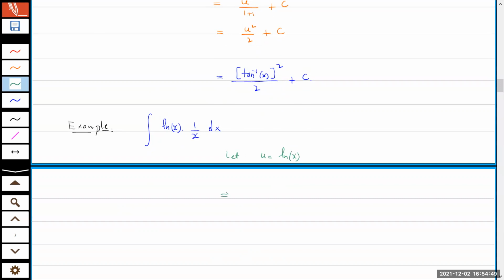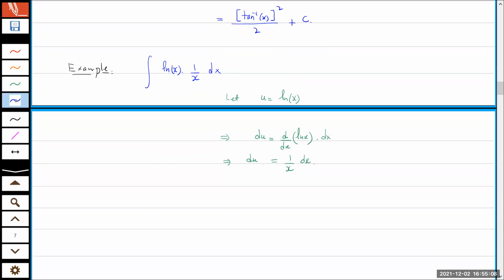Okay, let's do the differential. du equals d over dx of ln of x times dx. This gives us du equals 1 over x dx. Wonderful. When I rewrite my integral, ln of x times 1 over x dx, this becomes the integral of u du. ln of x is chosen as u, and 1 over x dx has become our du.